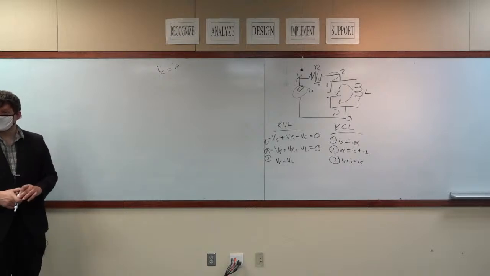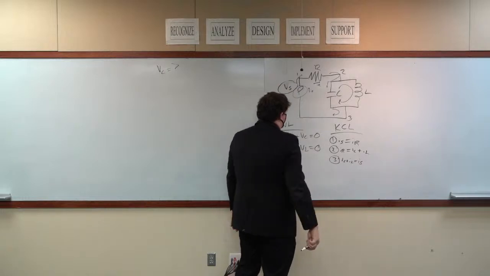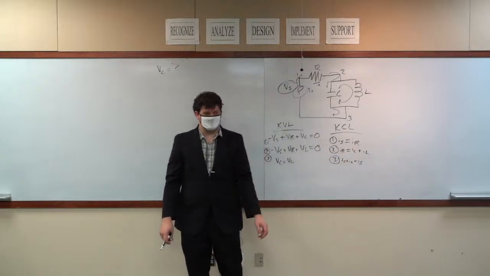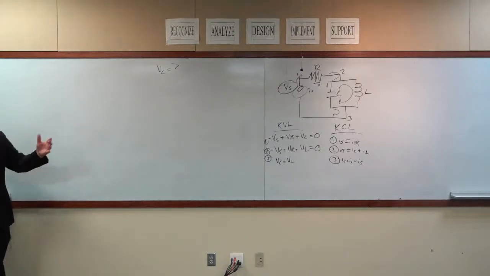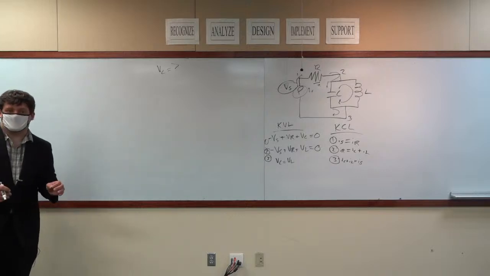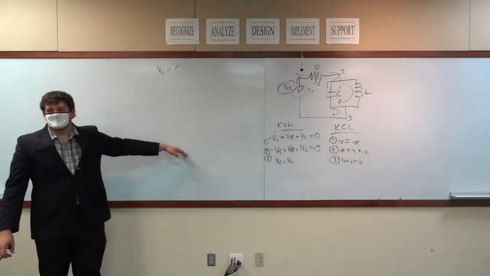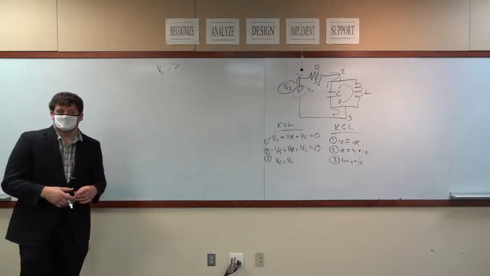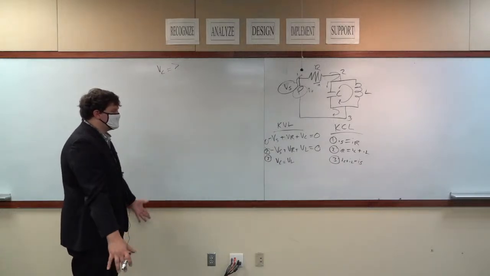It is ultimately Vs. This is the input. But it changes the entire system based on the current that travels through the system. And the current is ultimately what is going to create a lot of the equations for this system. We're going to come up with an equation for VC in terms of Vs, but we have to understand how current changes in the system in order to do so. So, our ultimate goal, come up with a nice equation.